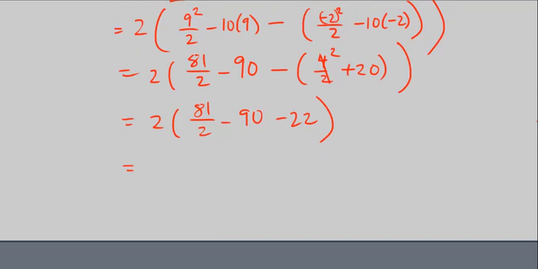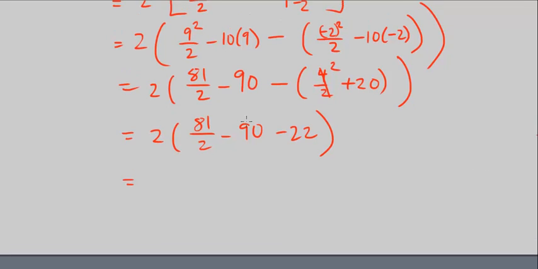Simplify, simplify, simplify. I'm going to distribute, well, let's combine them first. I have 81 over 2, 90 and 22 can combine, so I have 112. Now I'm going to distribute that 2. The 2 cancels with this 2, and we get 2 times here. So it's 81 minus 2 times 112, right?